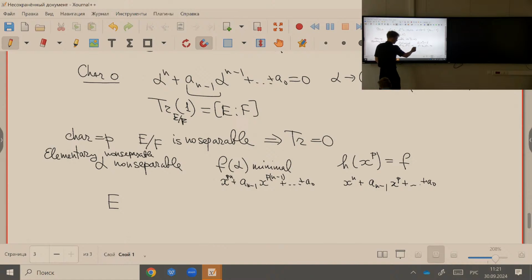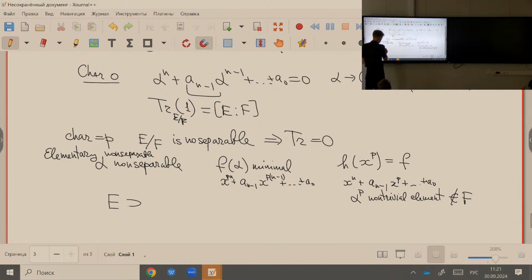So this means that alpha^p is a non-trivial element that still does not belong to F. So if the extension is non-separable, then there is always an intermediate extension which is at least a pth power of your initial field.